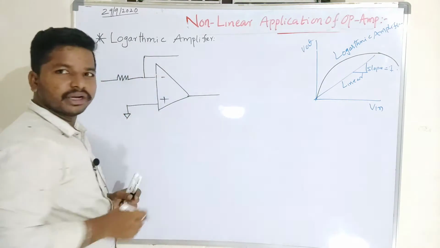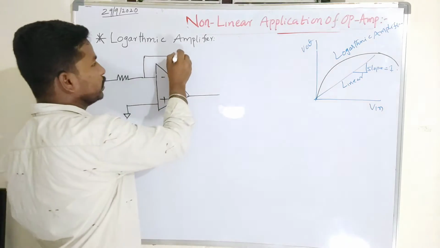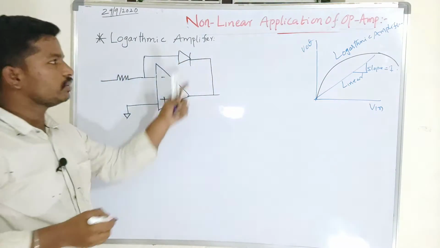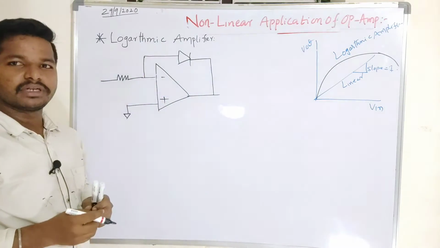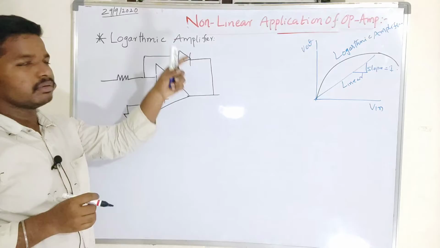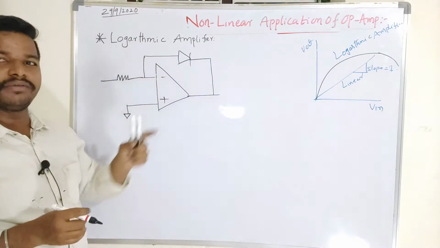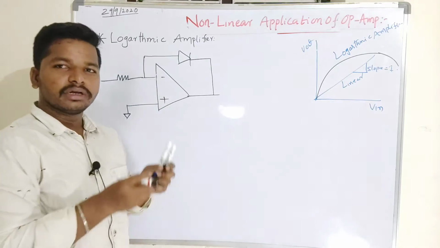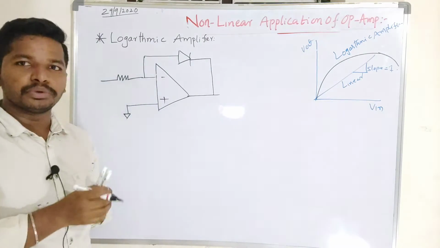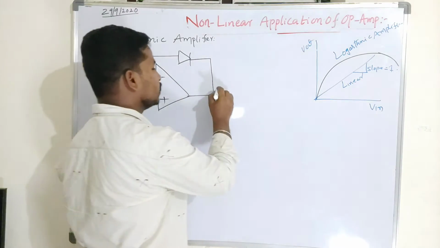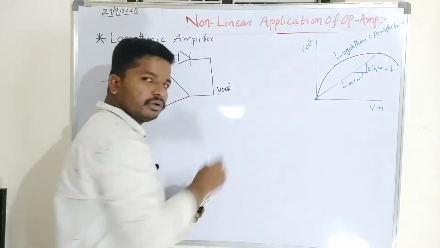I am going to connect a diode here. Because I already introduced the diode in a previous lecture, I am not going to discuss its properties and IV characteristics in this session. Here I am collecting the output.